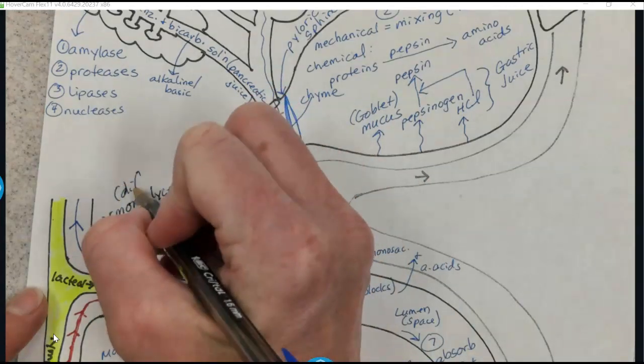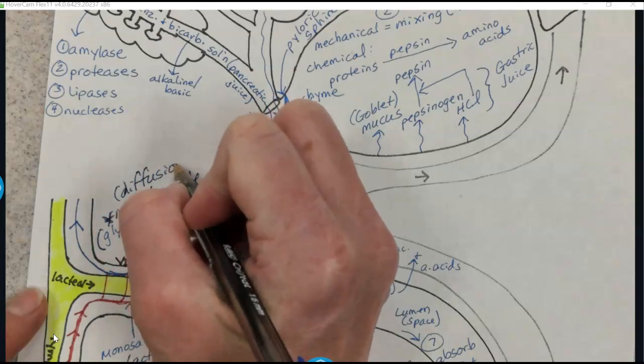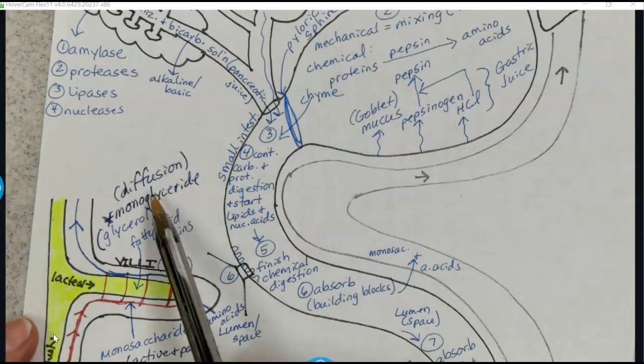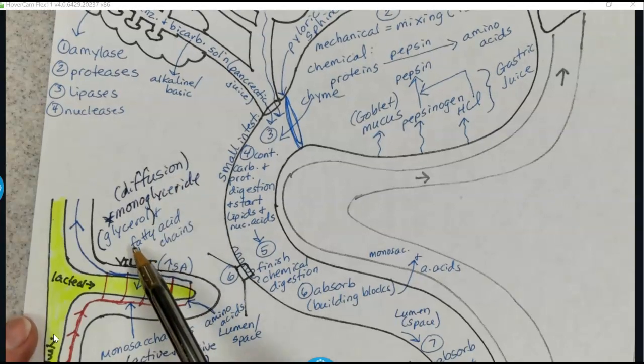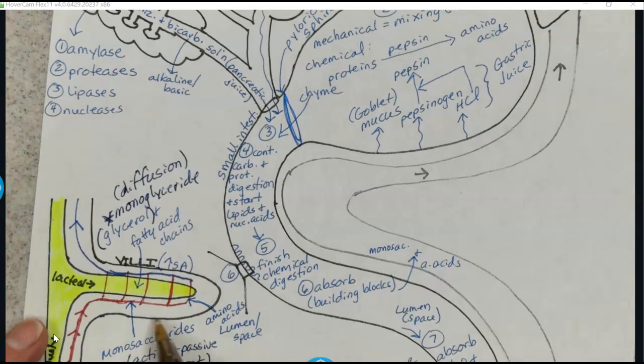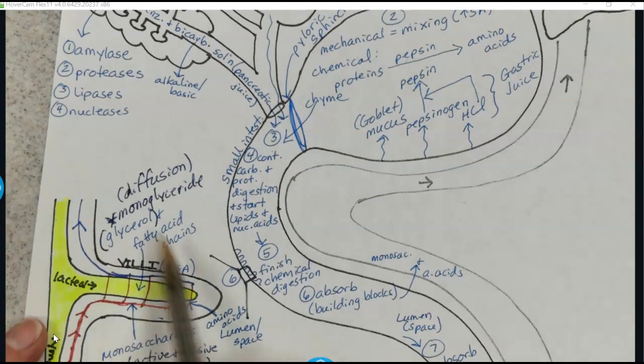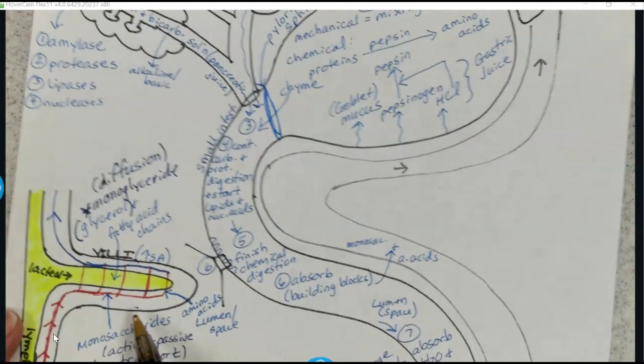It's just going to be through diffusion. Hydrophobic can get through the hydrophobic inner part of that lipid bilayer of the cell membrane. So these guys can just diffuse right on through this cell lining here. So that's the absorption piece we're talking about. Well, how do we get through this epithelial cell, from this space through this epithelial cell to get into the inside of the villi? So now we've added a little bit more detail in terms of absorption.